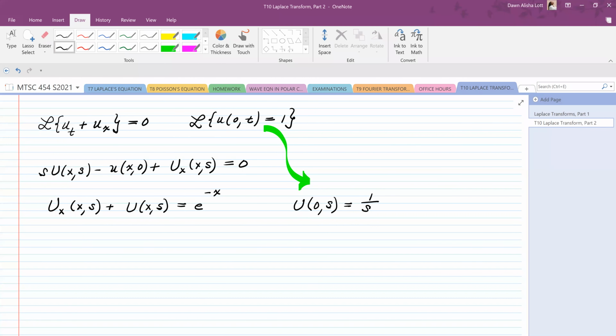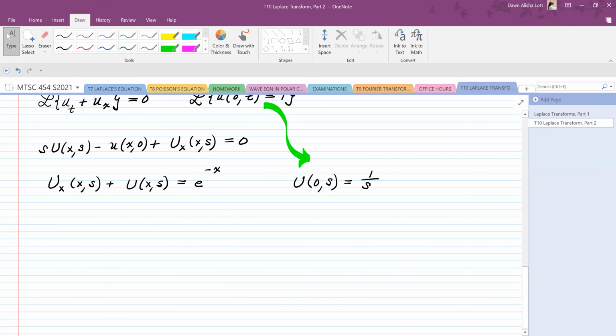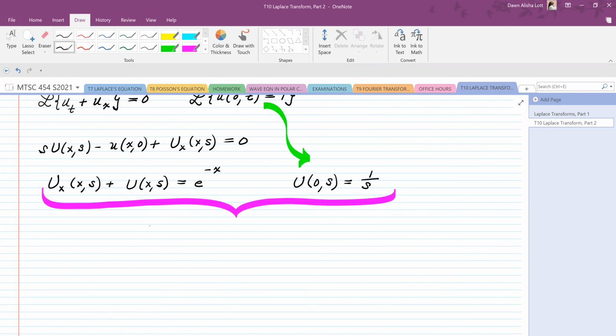Okay, so this is now a problem for s. So this whole thing is an ODE in the variable x, where s is the transform variable along for the ride.